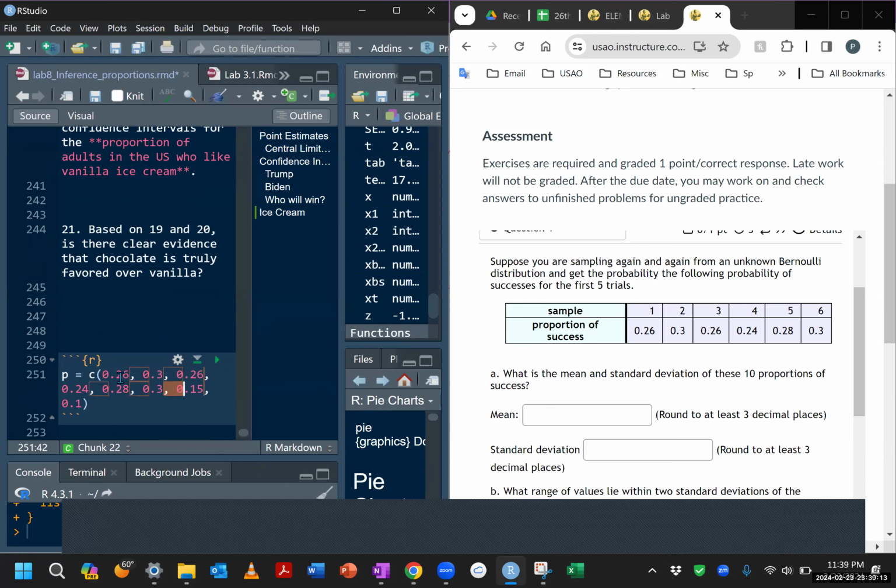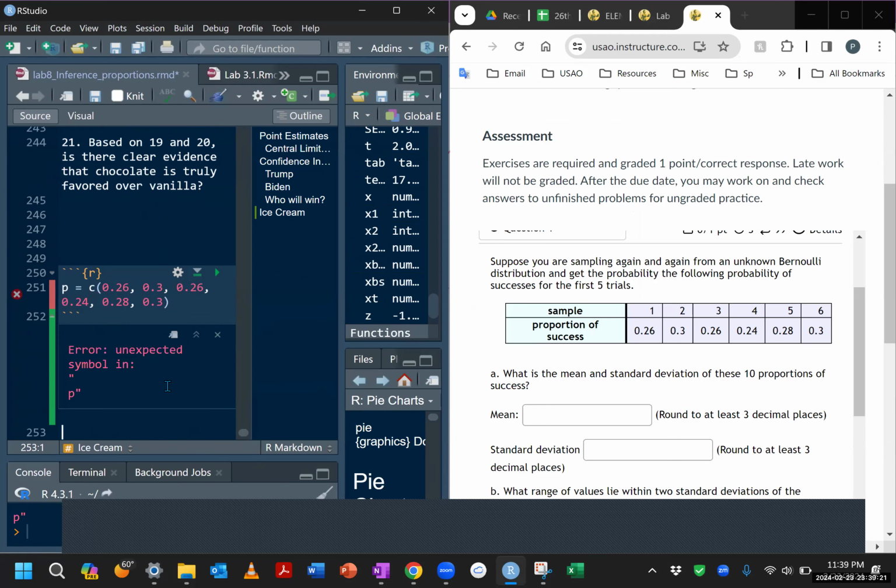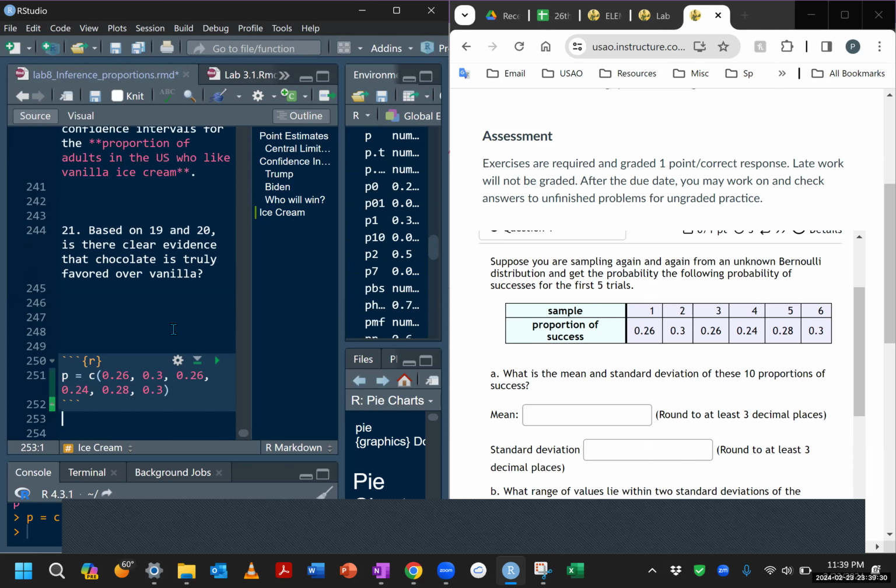I can find out what that is. That's my data that I've observed. If I type it in correctly there, bear with me. What did I do wrong? I don't think I did anything wrong.